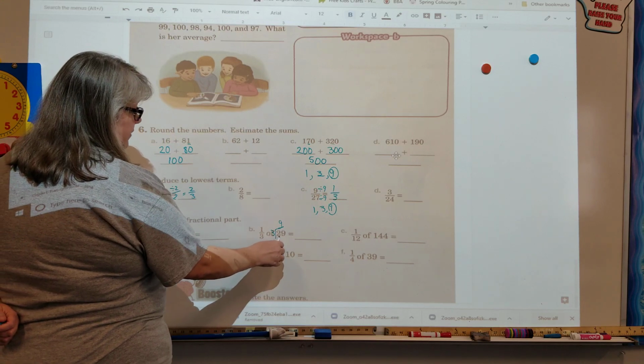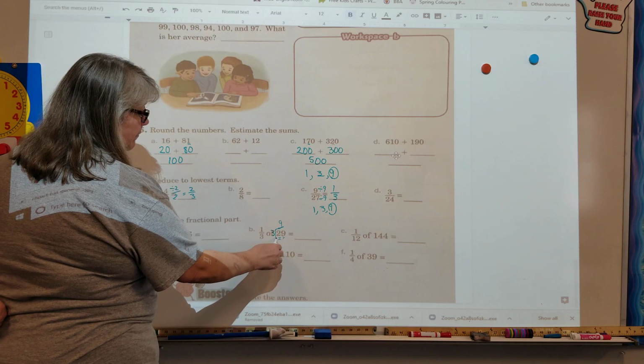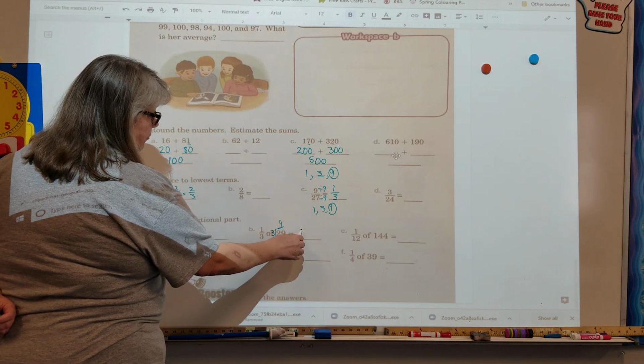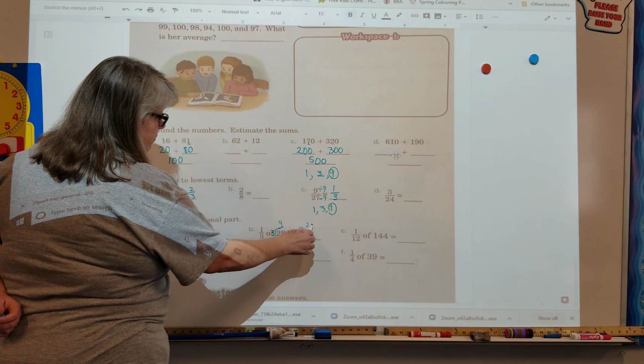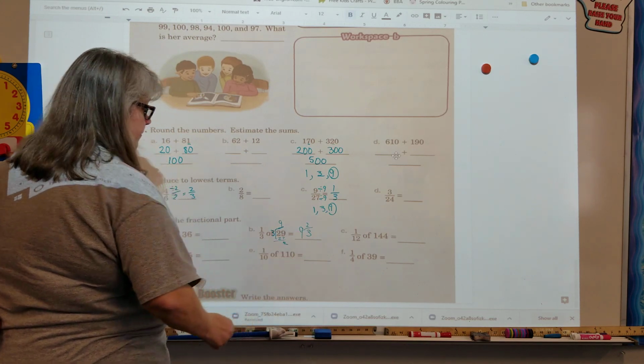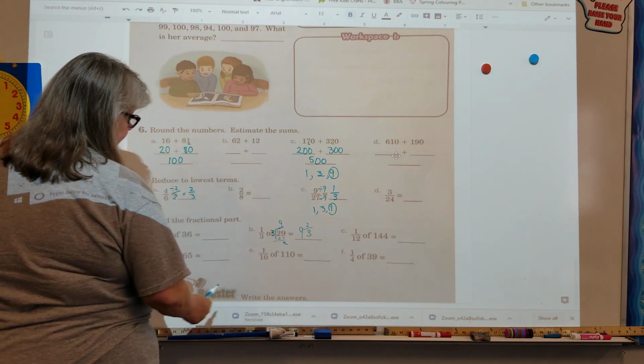So 3 times 9 is 27, and there's 2 left over. So we're going to write the remainder as a fraction. So we're going to say 9 and 2/3. When you're dividing and you have a remainder, it always is written as a fraction.